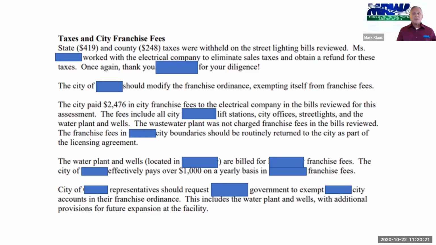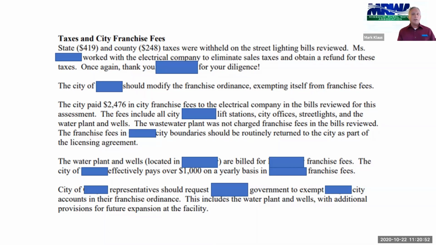Okay, they have a franchise ordinance. We recommend that your community or your district modifies the franchise ordinance, exempting yourself from franchise fees or city taxes. Basically, they paid the electrical company roughly $2,500 in franchise fees.